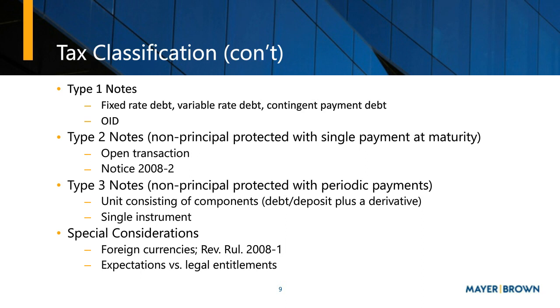In other words, I've never seen an issuer say, let's treat this as in part a debt or a deposit, and then the other parts would be a put option and maybe a call option or something like that. In those cases, we typically have seen the instrument be treated as a single instrument, some kind of income-bearing derivative contract.